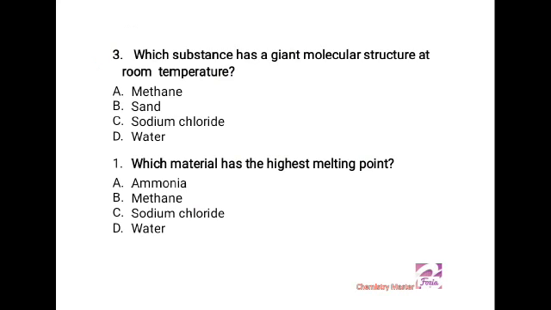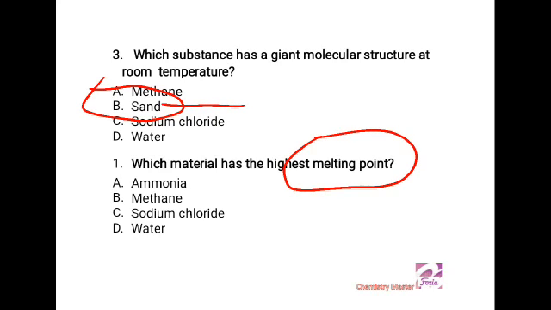Okay, which substance has a giant molecular structure? Obviously, sand. You have to go into detail by reading the textbook. Which material has the highest melting point? You know, melting points are due to the strongest forces of attraction among the ions.